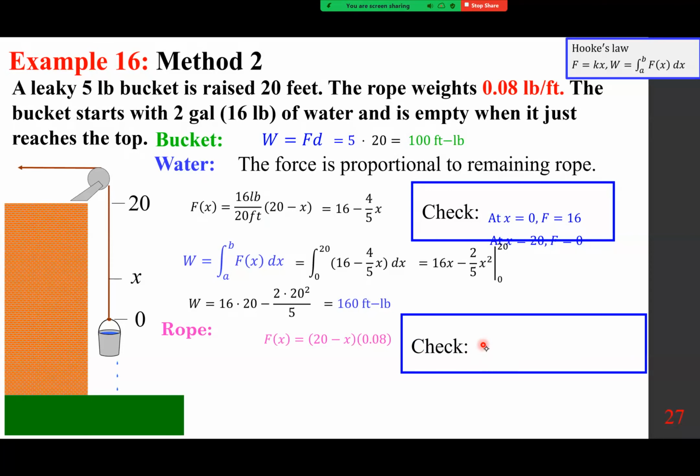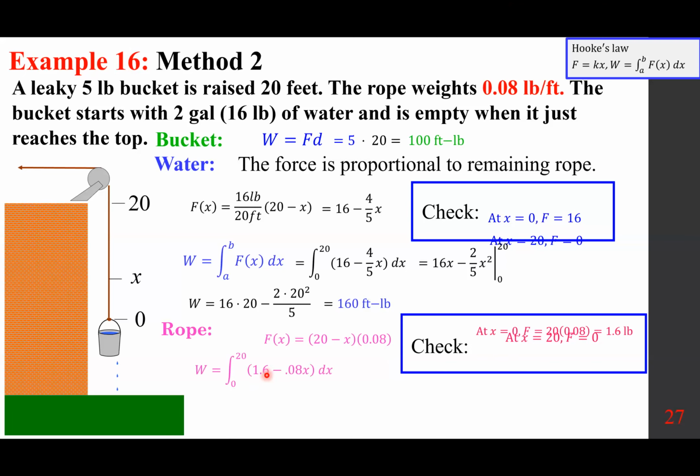But to check, it is easier. If you go with 0, you get 1.6 pounds. And if you go with 20, you get 0. So you can see that it works. We are going to integrate that from 0 to 20.